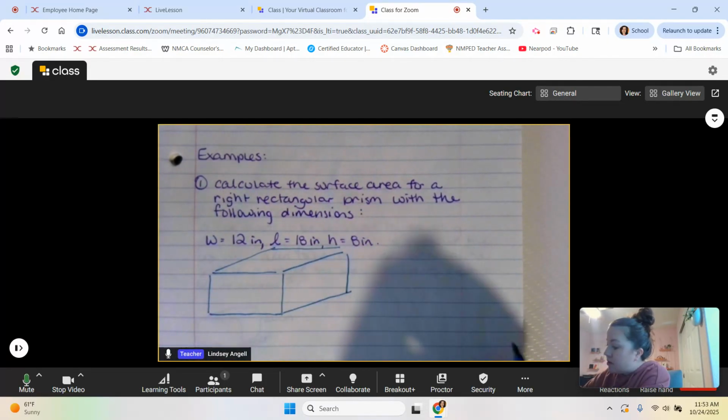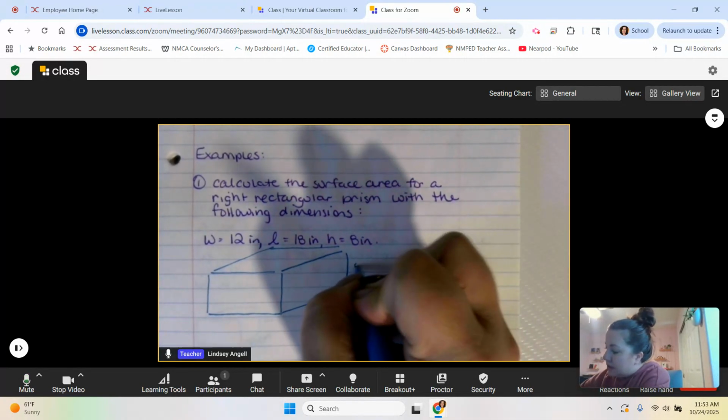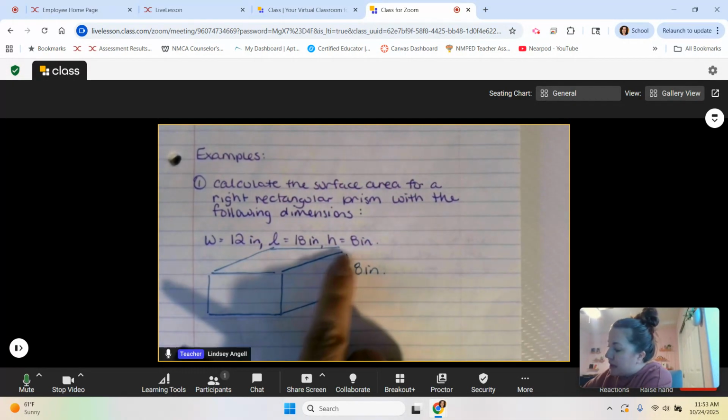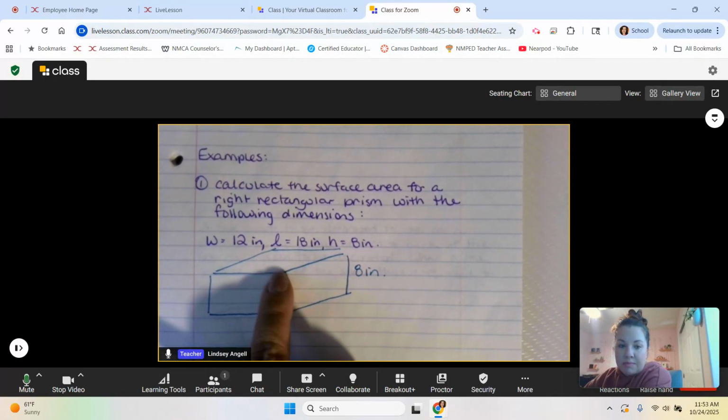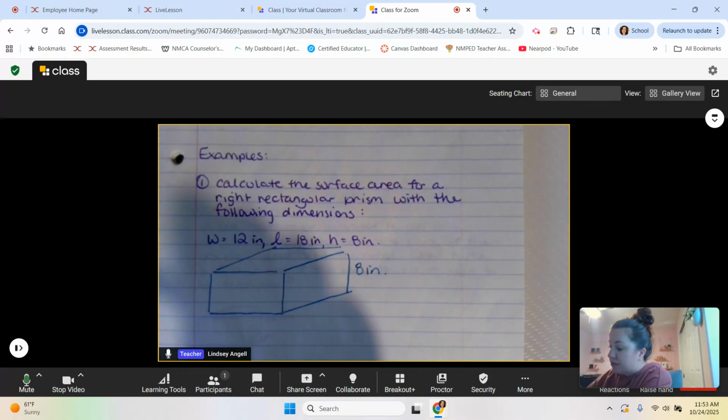It gives us at least an idea of it. The height is 8 inches, and that would be true even if I put it here or back here. That doesn't really matter.